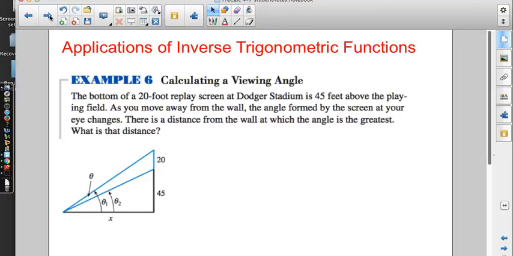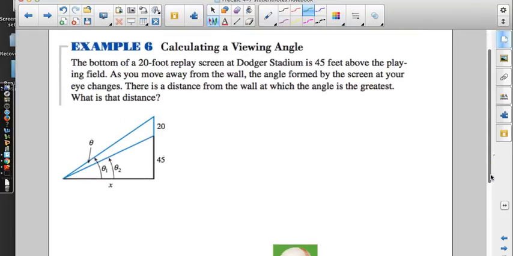So to do that, we're going to have to use a couple of different things. Because I can see here, I can find the whole thing. I mean, this is 65. We can get that. But I have to subtract off this other one right here. So I get started and I think, well, so far all I have is a 65 and this x and these angles here. So that's going to be opposite and adjacent. Hey, that's tangent. So the tangent of theta 1 equals 65 over x.